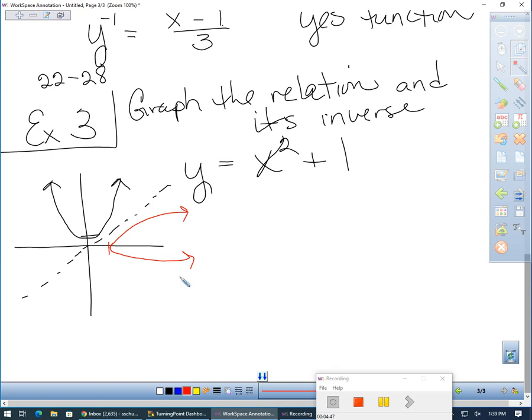Excuse me. So now, our original one is a function. It passes the vertical line test. But what about our inverse? Exactly. If we were to draw a line through our inverse function, it crosses the two sides twice, right? Right, so this is not a function. This one is. This one is not.